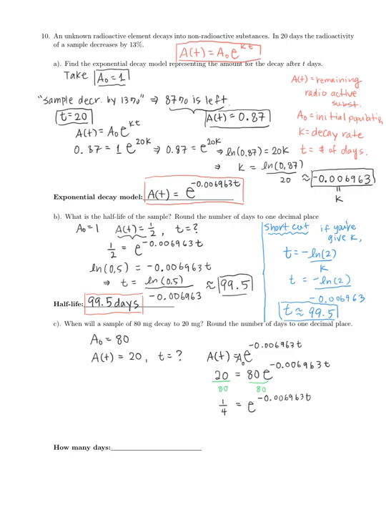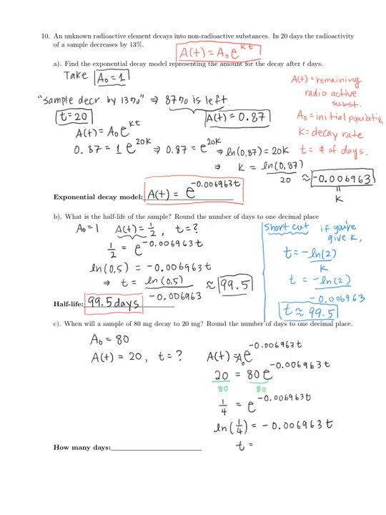Now, applying the natural log on both sides, we're going to have ln of 1/4, and ln of e to that exponent, so you're going to have negative 0.006963 and a t. Okay, solving for t, let's go.